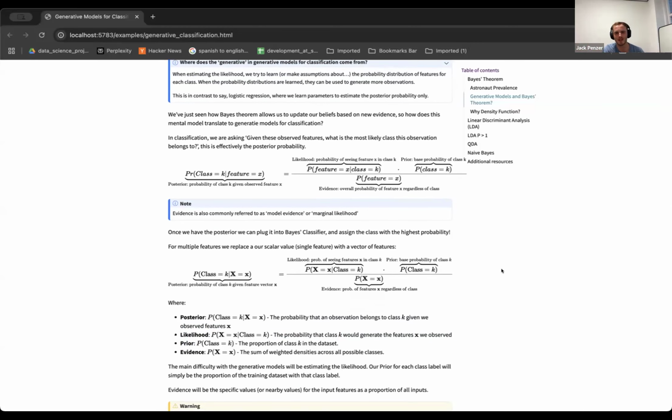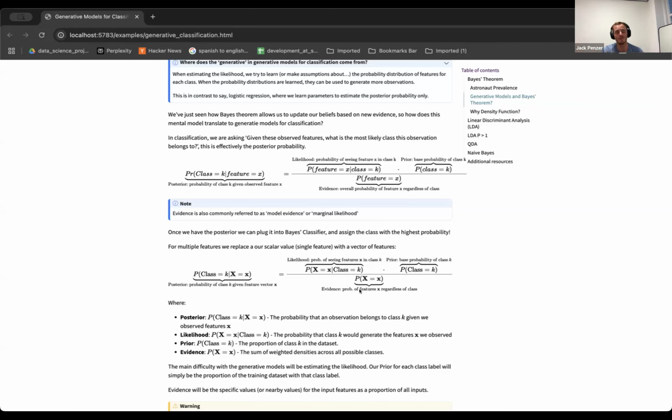But if you think about it in the generative case, the prior is going to be really easy. In the training data set, you've got a list or a column that comes down and tells you it's this class, it's this class, it's this class. You can just count them up and divide by the length of the list, and for each level of the class, that's the prior. It will just be that as a proportion.